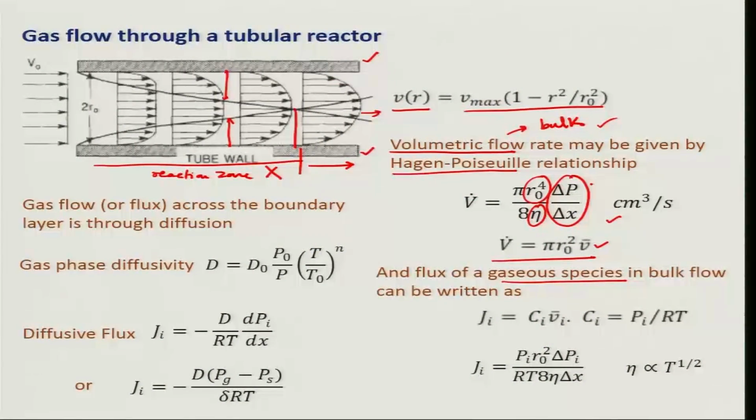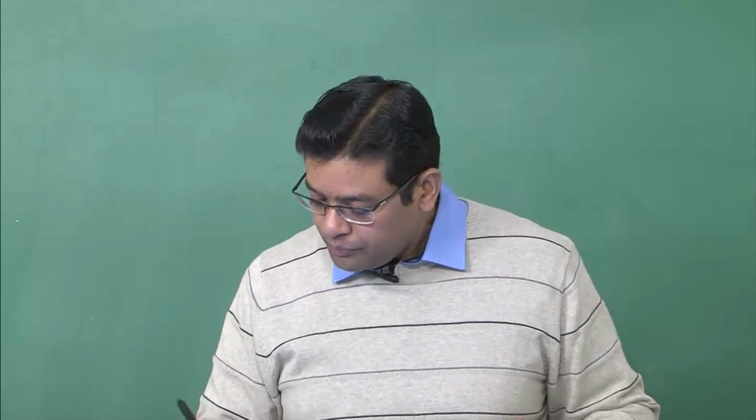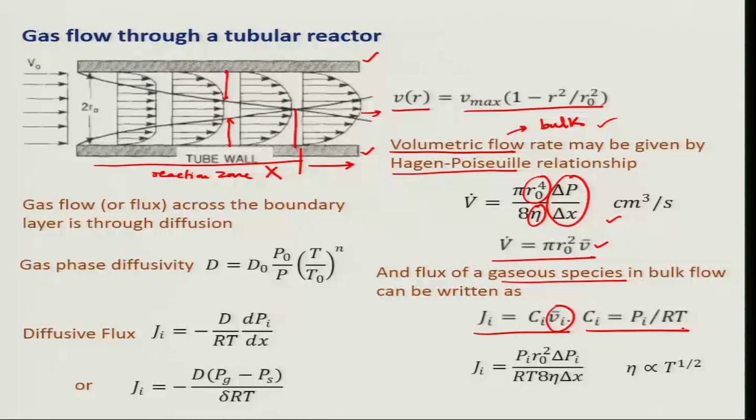But if I want to know the flux of silane, we can use this expression where Vi is the velocity of that species, how fast the silane molecules are moving, and we can relate it to pressure. Using this expression, we can relate the bulk flux of silane, my reacting species, which depends on pressure and pressure gradient as well as temperature. We should also note that the viscosity is also a function of temperature.